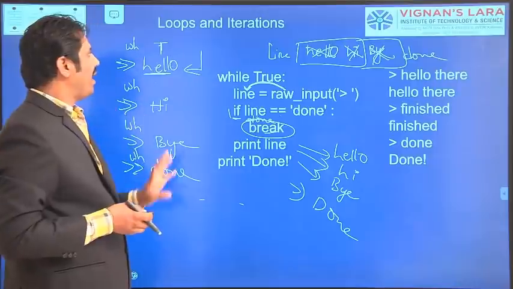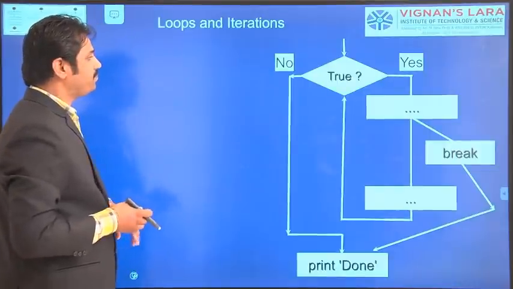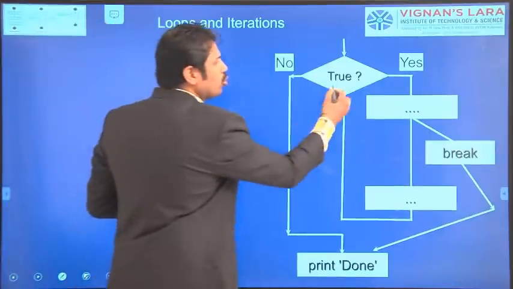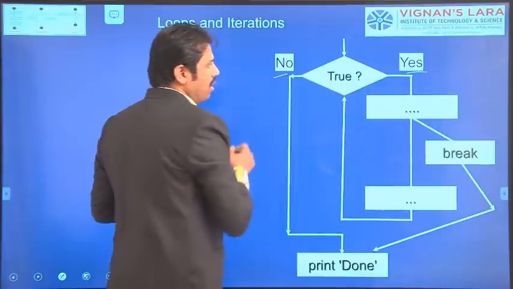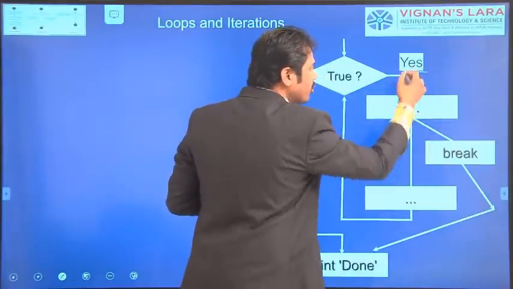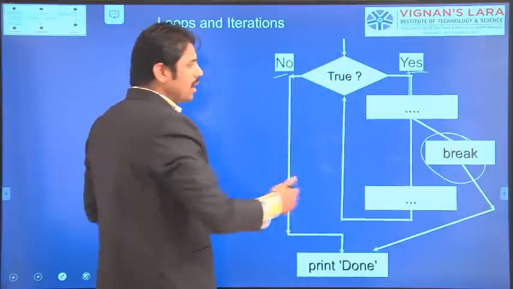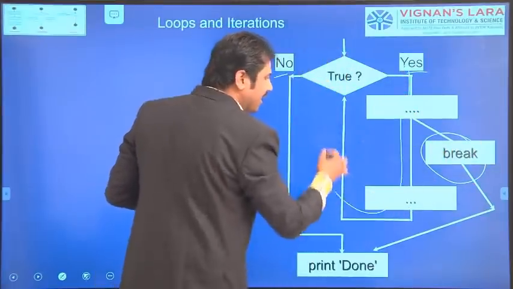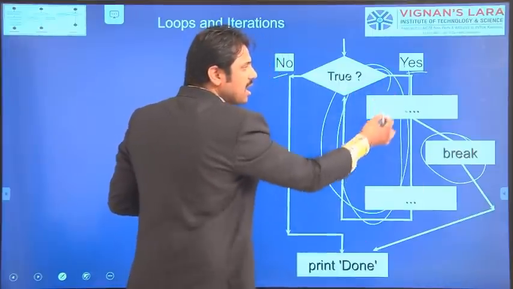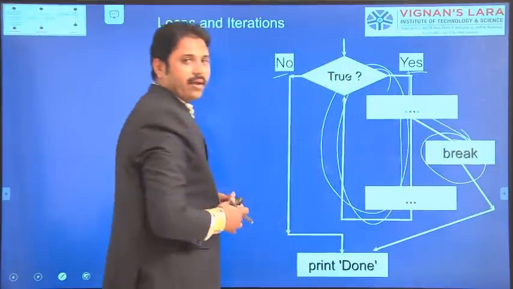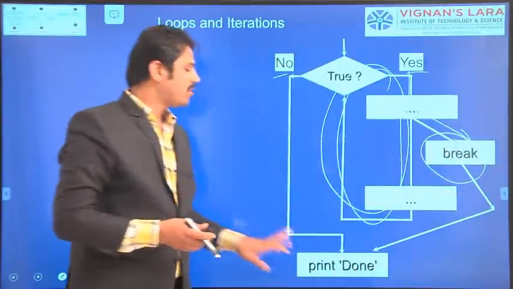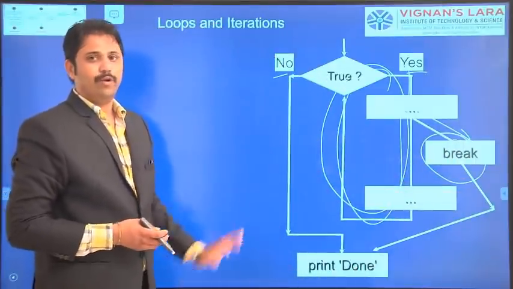This is the while loop for the second example. If true is the condition, it repeats the statements up to break.